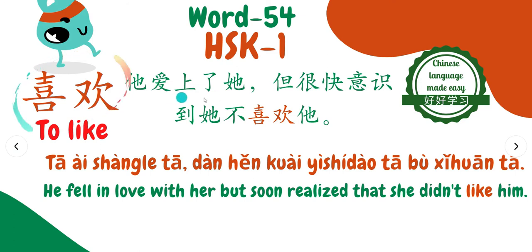The action has been completed with this 了 particle, and it tells us about whom he fell in love with: with her, with a girl. 他爱上了她. He fell in love with her.